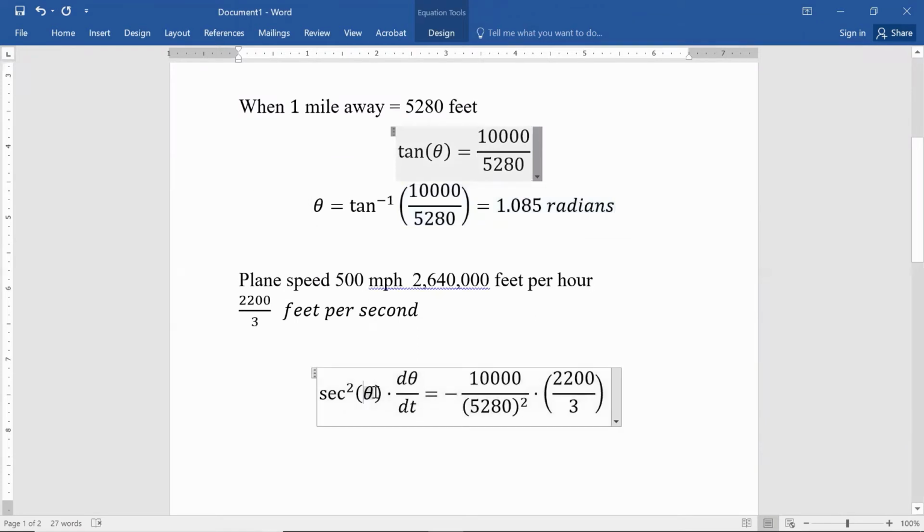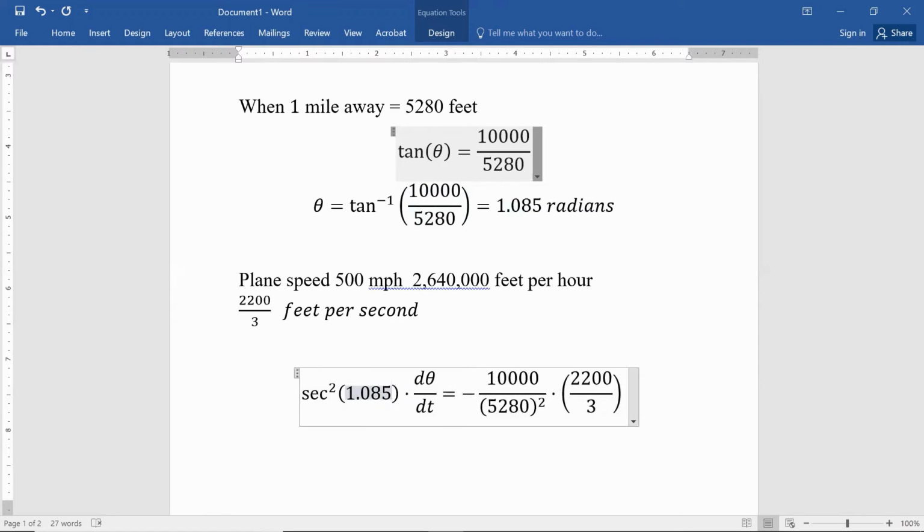So the theta that we're going to plug in is 1.085 radians. Now that I have everything except for the d theta dt, I can go ahead and solve for d theta dt.